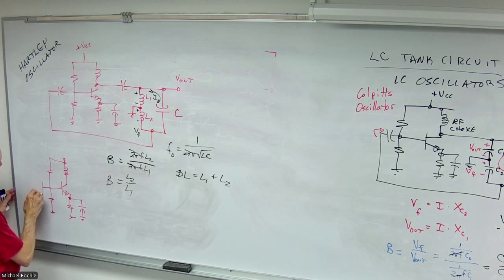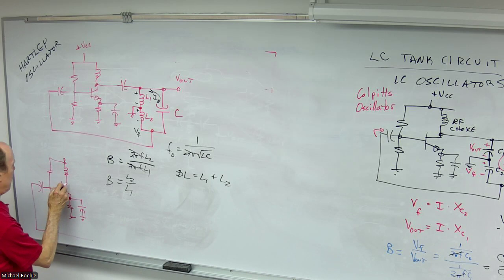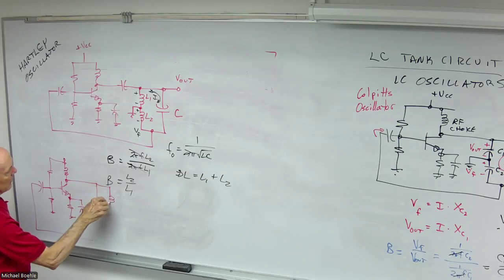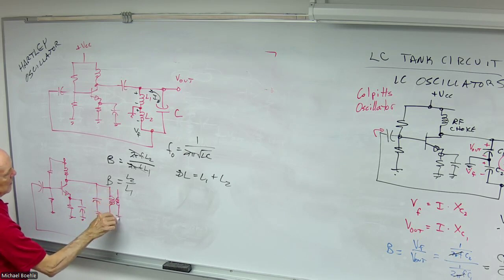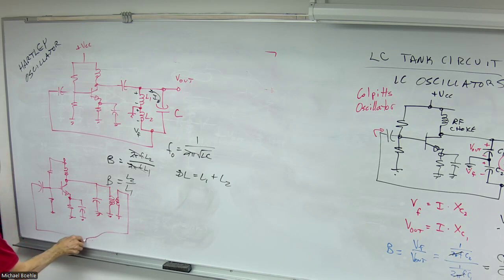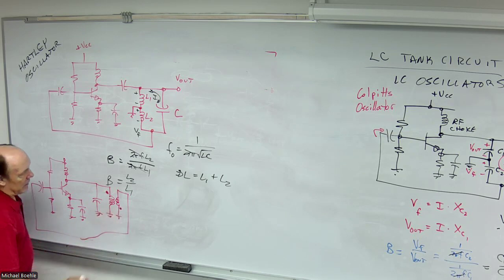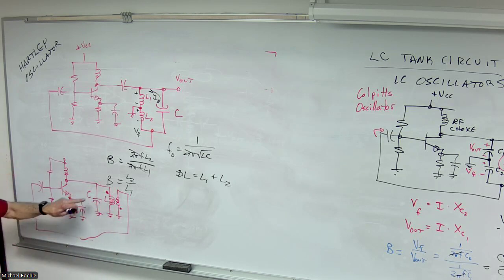And now, put a capacitor and an inductor, technically not an inductor, more of a transformer. And here's the key. The phasing dots are such that if I have an L, I have a C, so we have our same resonant frequency formula.